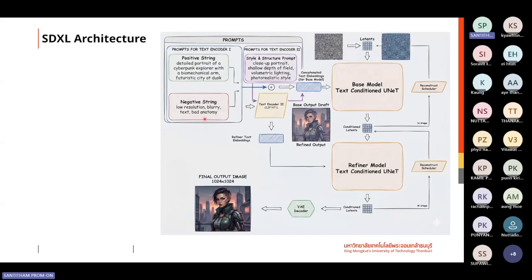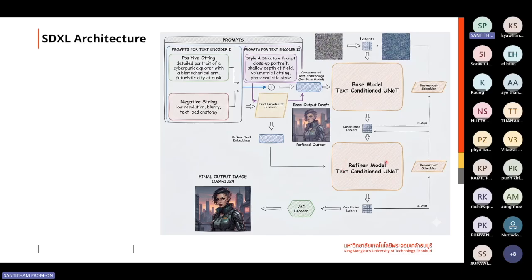The idea is that you have two encoders, text encoder 1 and text encoder 2. Text encoder 1 and text encoder 2 will be concatenated to be the text input for the base model. And text encoder 2 will be encoded through this, to put into the refiner as the condition.